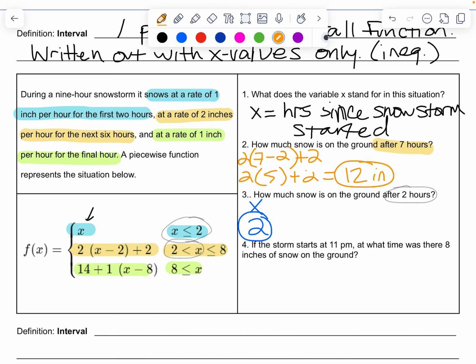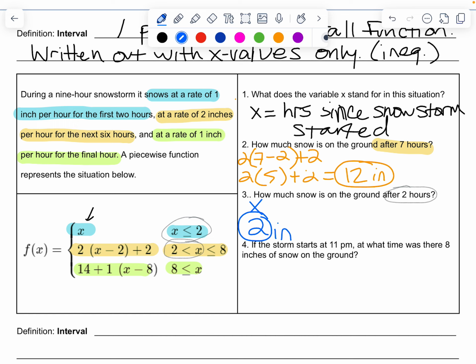And let's make sure we're keeping those measurements happy. If the snowstorm starts at 11 p.m., at what time was there 8 inches on the ground? Okay, so this is kind of trickier because we know that this is asking us something backwards.